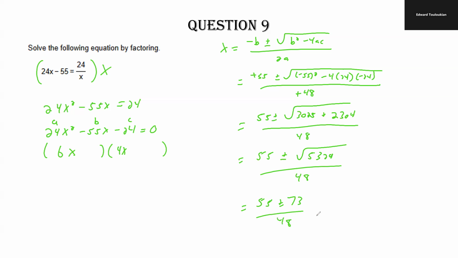All right, so we're going to get a couple numbers here. Let's do 55 plus 73 over 48, or 55 minus 73 over 48. Okay, so 55 plus 73 divided by 48 gives me 2.6 repeating, which should be, let's make that a fraction.